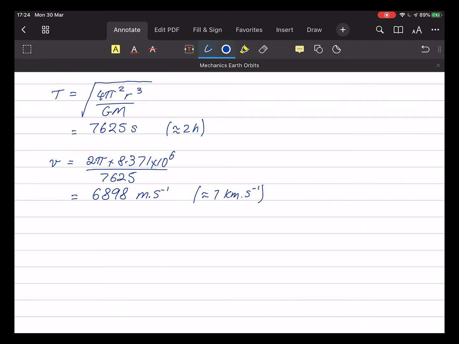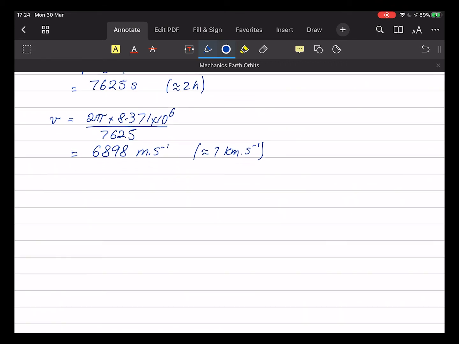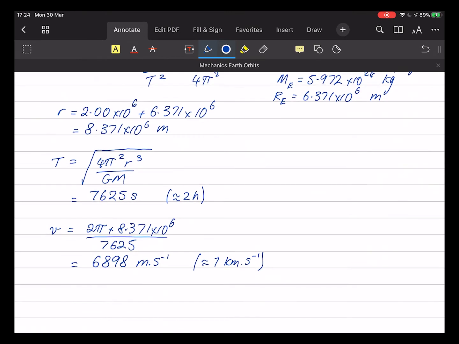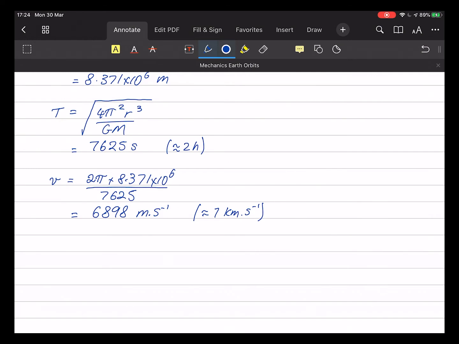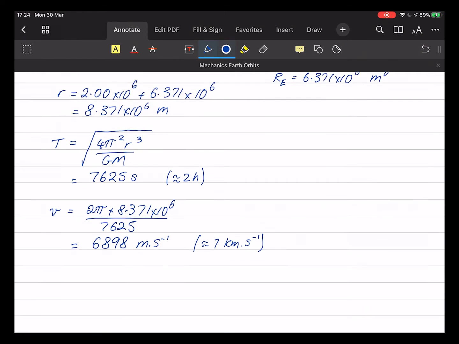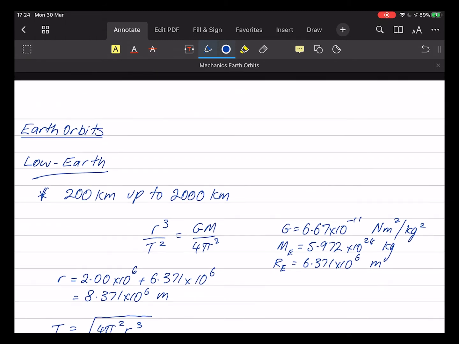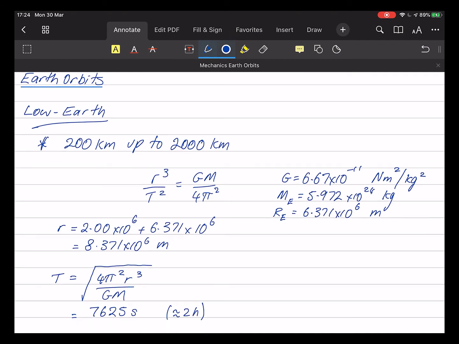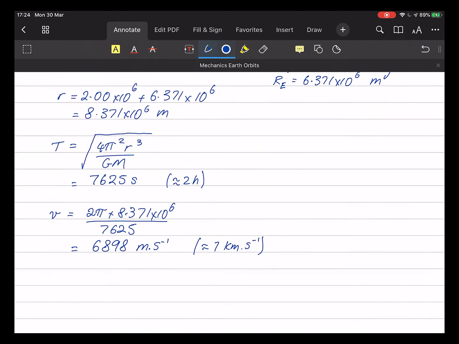All right, and so some of the things that low Earth orbit is used for, well, we haven't talked about energy yet, but you can imagine that the energy required to get something into low Earth orbit, which is at 2,000, compared to something at a higher orbit, which might be 20,000, 10 times that particular height, is less.